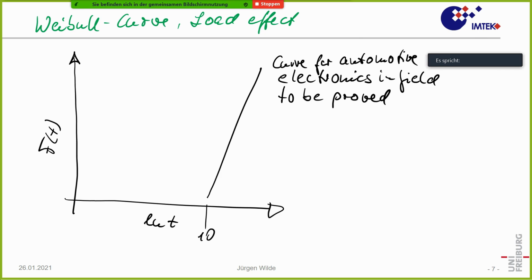So then your car would be outdated by the time you are finished with testing. So what do you need then? Of course, it is accelerated testing. And how do you accelerate a test? That can only be done by stronger loading. So give the part more stress and it will fail earlier.